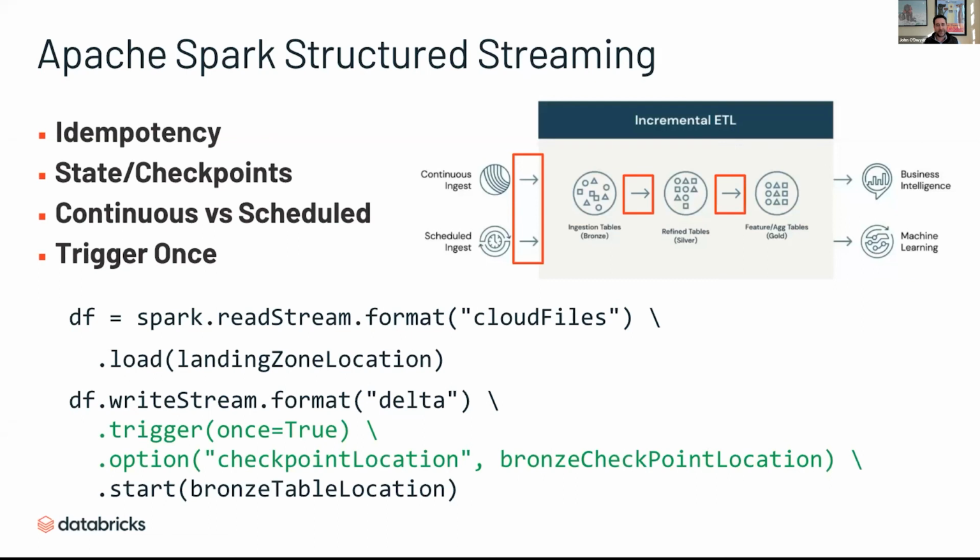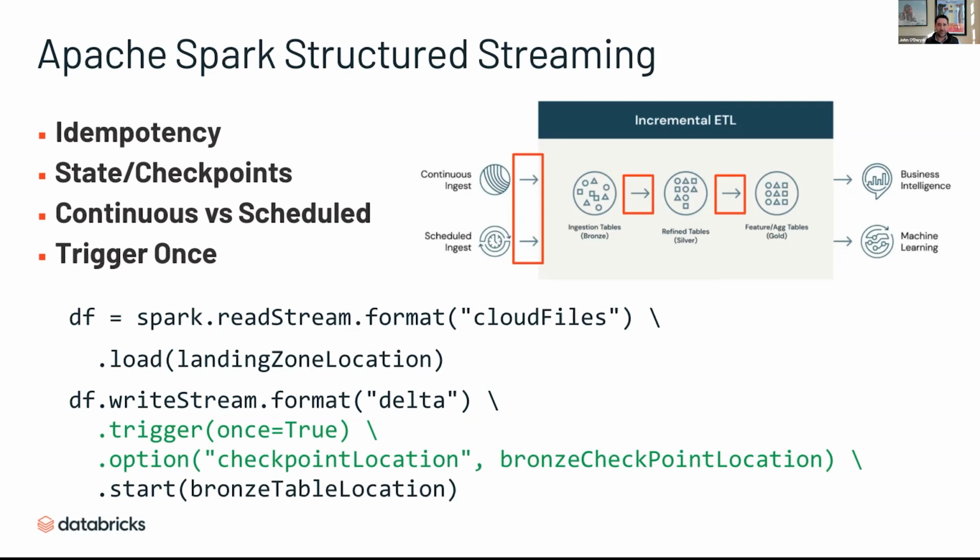I had mentioned the term idempotency. That is directly related to the checkpoints in state and how it's saved. In this green part here, this second line of the green is where you specify a checkpoint location.